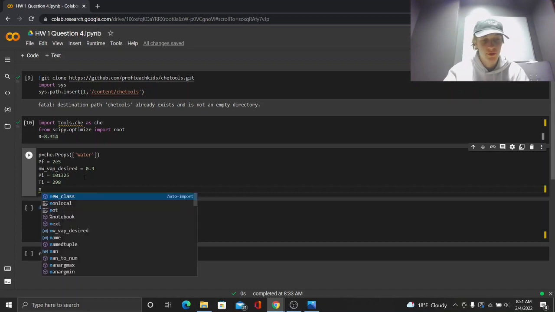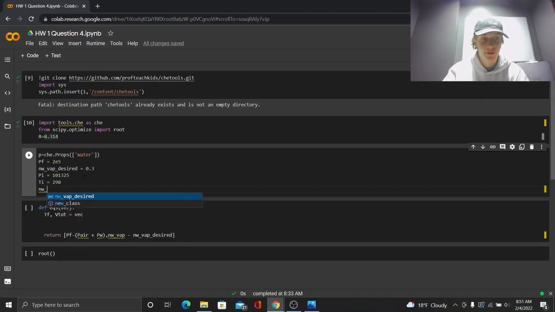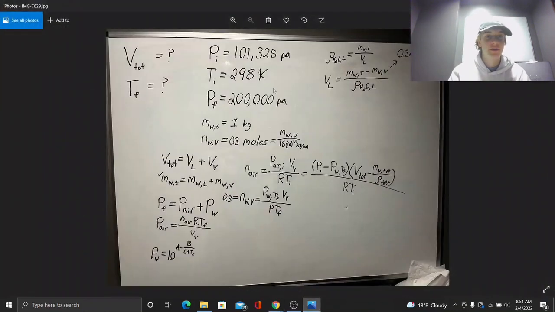Then the total mass of the water will be equal to 1 kilogram. And I got all these numbers from our list of knowns from before.